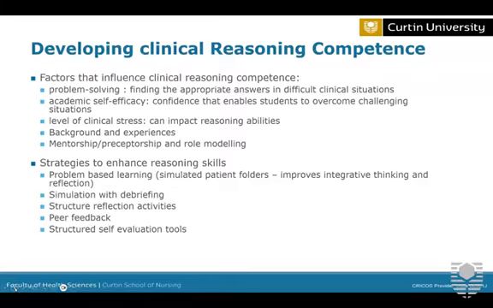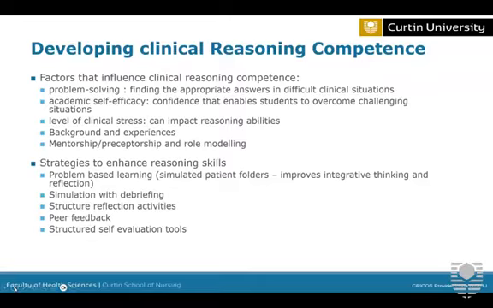The appropriate answers might be varied, but it's the selection of the most appropriate answer in a difficult clinical situation. Often in the beginning you will be escalating the findings that you have, so that the people with greater knowledge and practice find the appropriate answers.